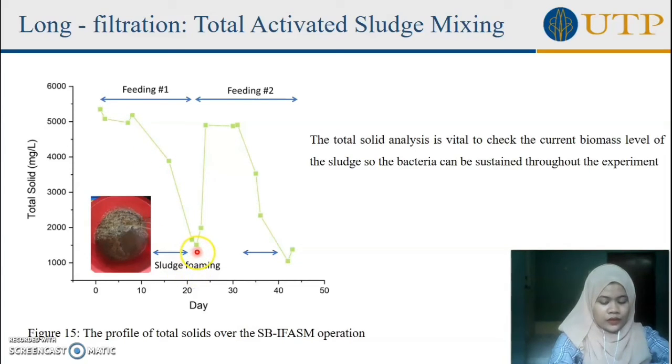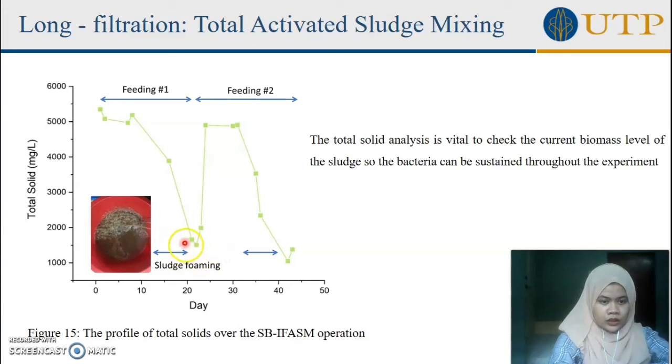And this is because of the partial sludge settling and also sludge bulking. And this can be illustrated with this picture here. And this foaming actually resulted from the instant feeding where the organic content will rise dramatically.